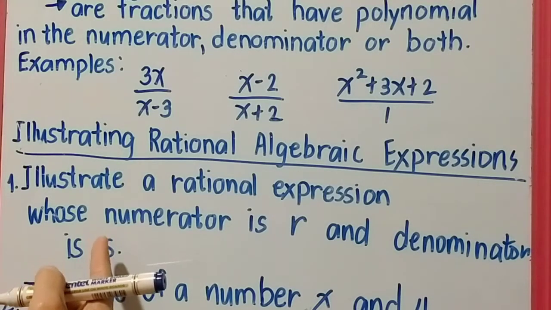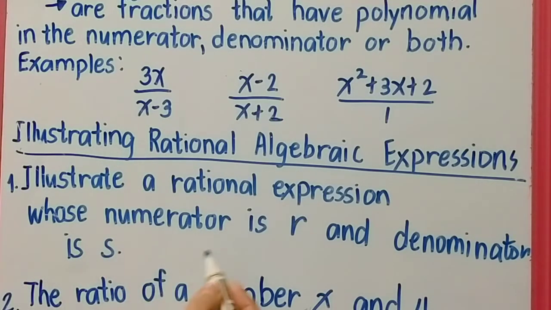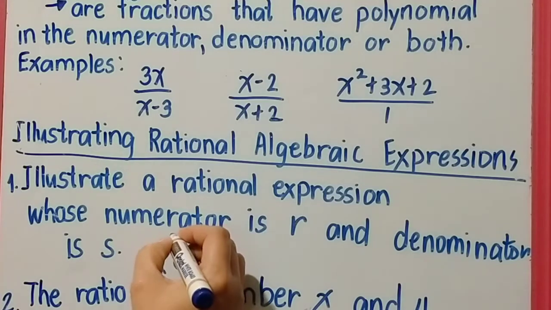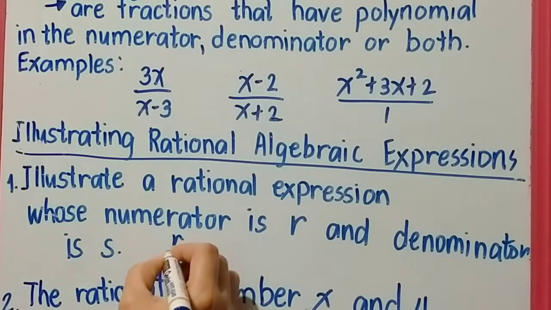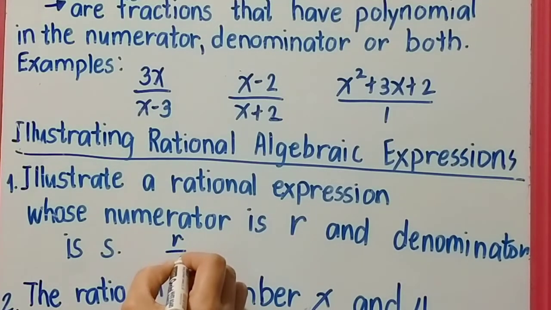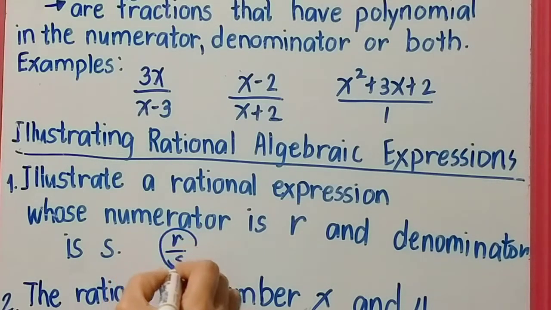So here, the numerator is r and the denominator is s. Therefore, the answer is r over s. That's for number 1. Let's have the second example.